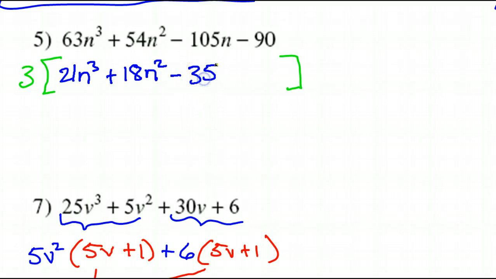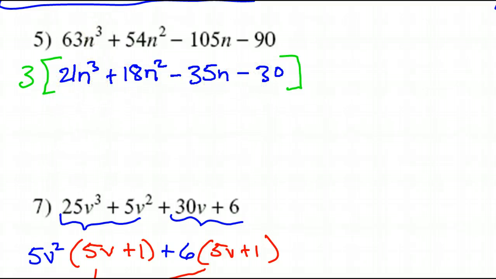So I've got 35n. And 90 divided by 3, of course, is 30, because 9 divided by 3 is 3, so put the 0 back on there. So this blue is what we must factor. In the end, we'll put the 3 in front of everything. But for right now, just focus on the blue part.